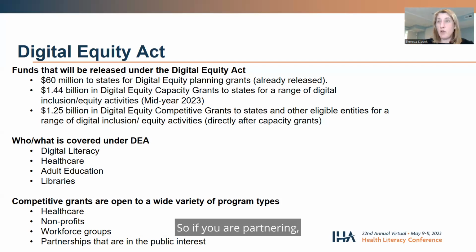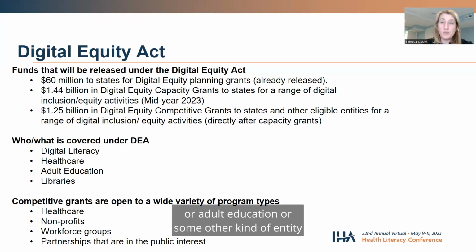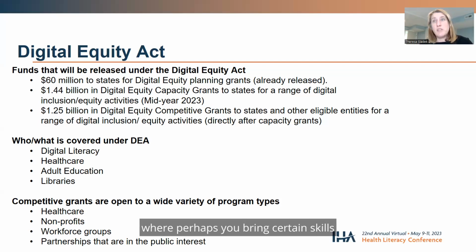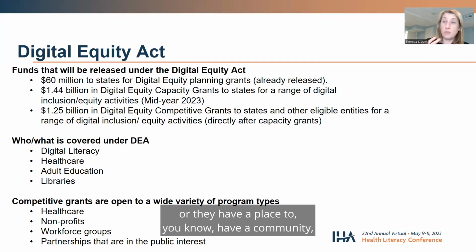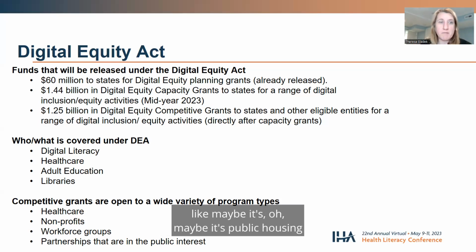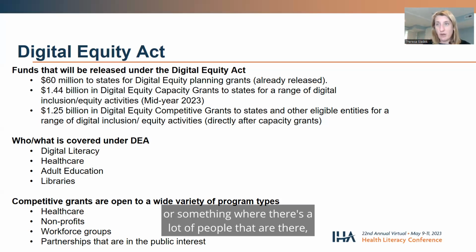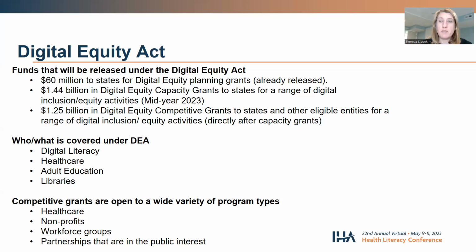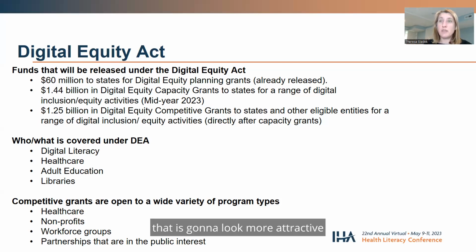So if you can find a library to partner with, or adult education, or some other kind of entity where you bring certain skills and they bring a population, or they have a community, like maybe public housing where there are a lot of people, that is going to look more attractive to the people giving out the grants.